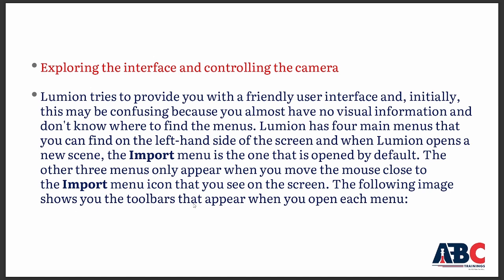Lumion has 4 main menus that you can find on the left hand side of the screen, and when Lumion opens a new screen, the import menu is the one open by default. The other three menus only appear when you move the mouse close to the import menu icons that you see on screen. The following image shows you the toolbar that appears when you open each menu.